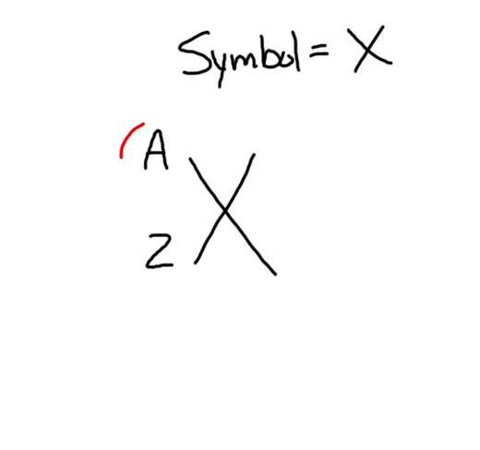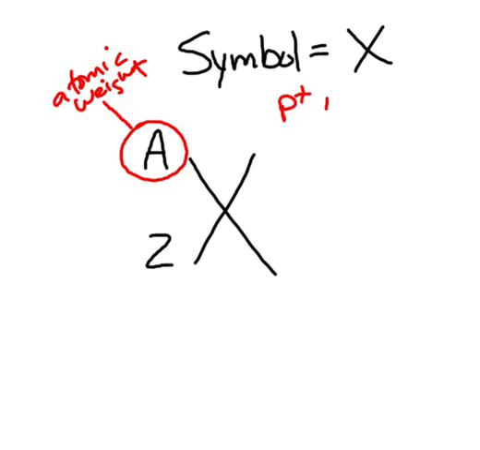This letter right here means atomic weight, which you learned in the last slide that atomic weight is equal to protons plus neutrons. Okay? This guy down here, this is the atomic number.